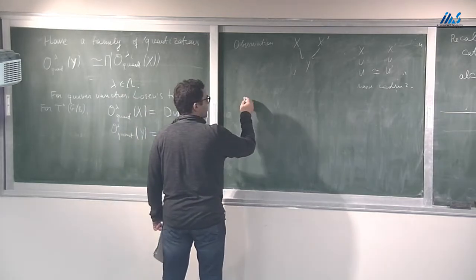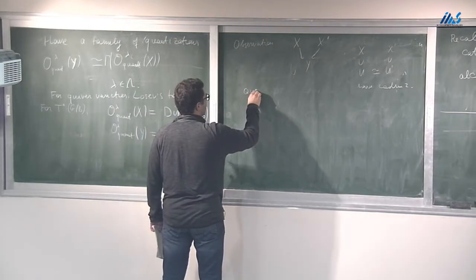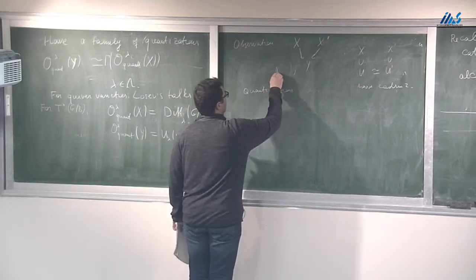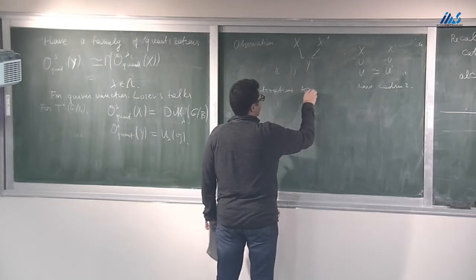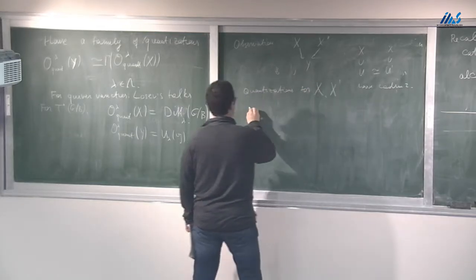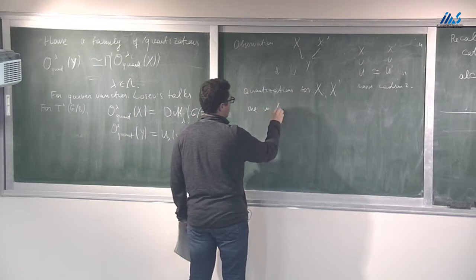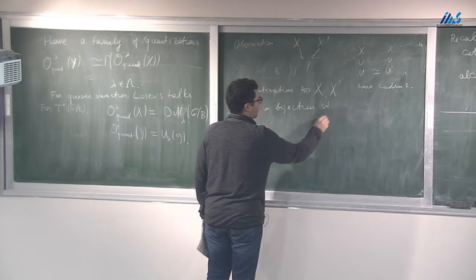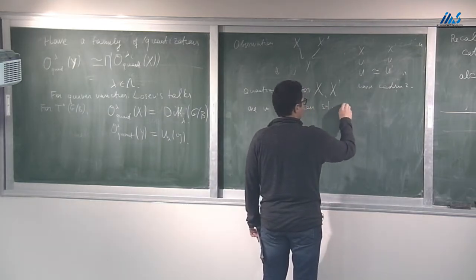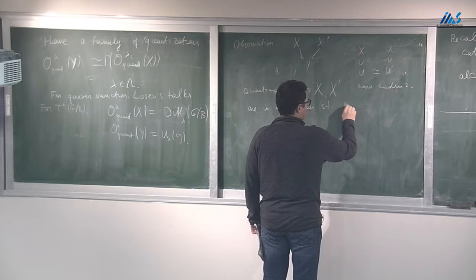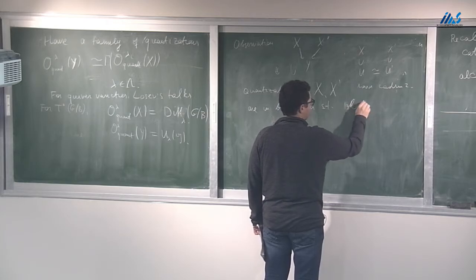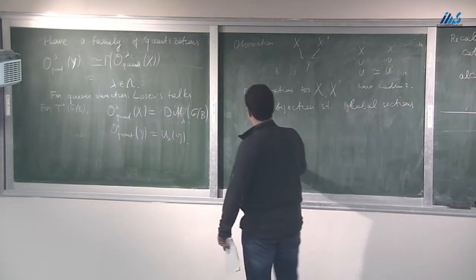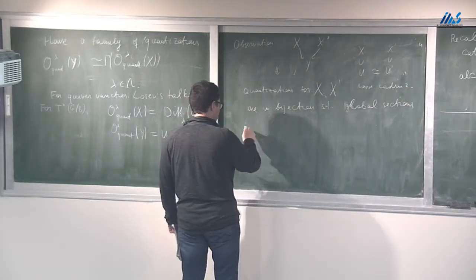In this way, you can just say that quantizations for X and X prime are in bijection, so that the global sections match for the two. Matching quantizations are the same.